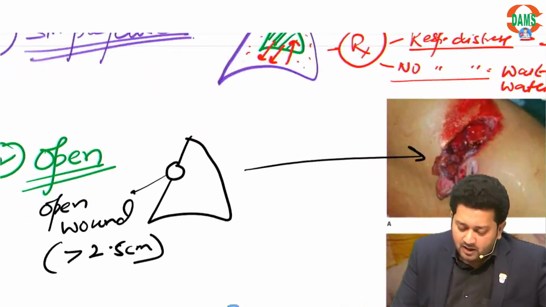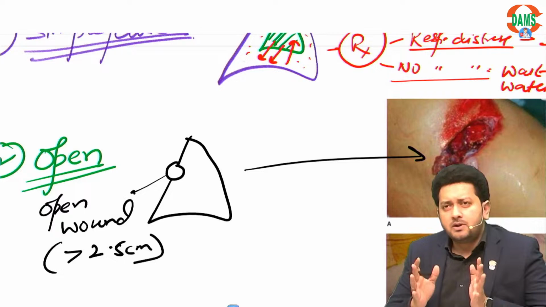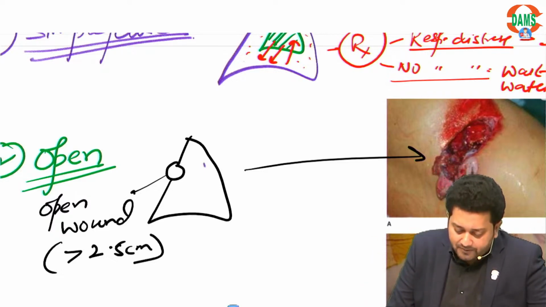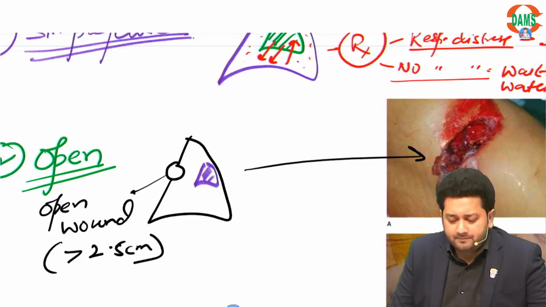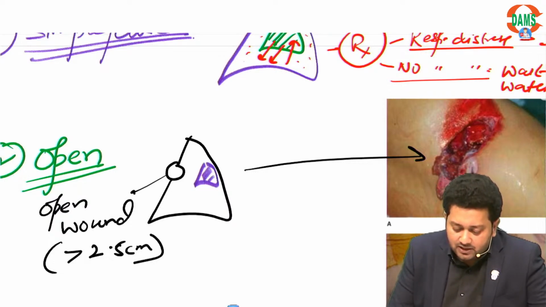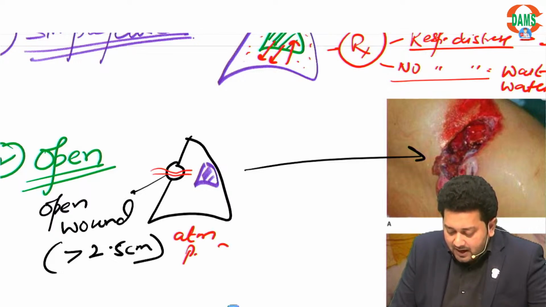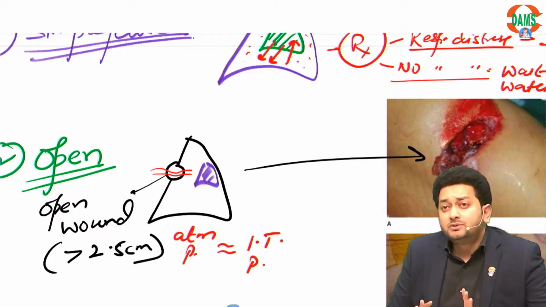listen. What happens? I told you that normally in the thorax there is negative pressure, and because of the negative pressure, the lungs expand. Now because of this opening, the outside pressure, that is the atmospheric pressure, and the intrathoracic pressure becomes the same.